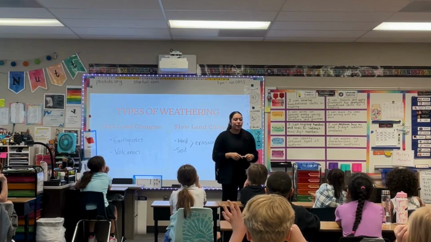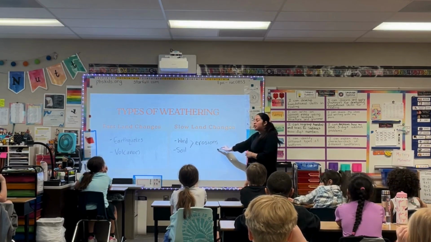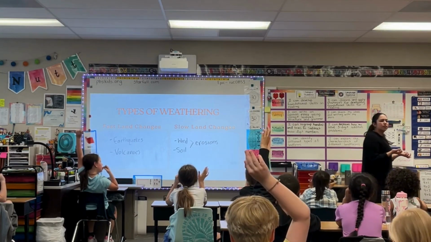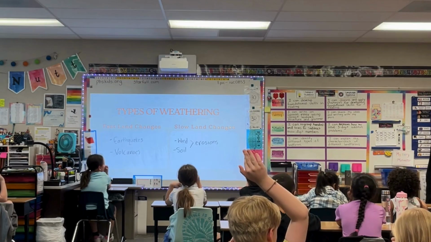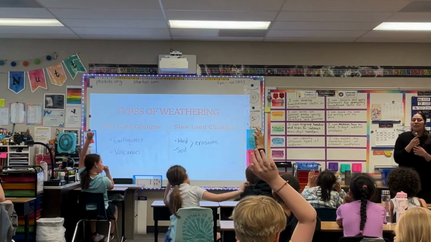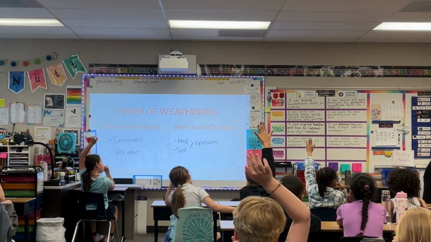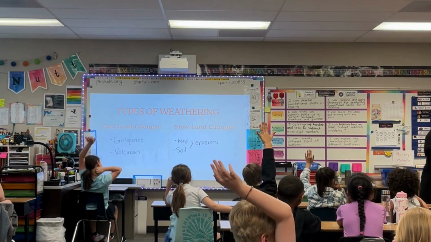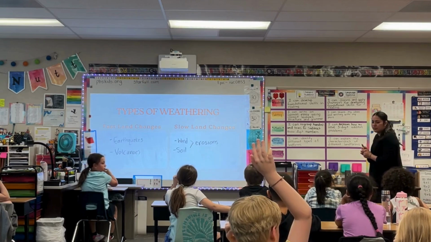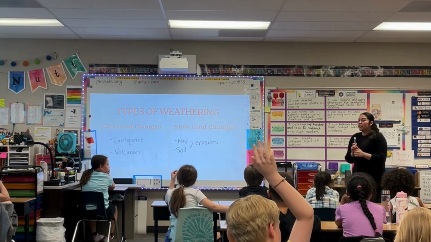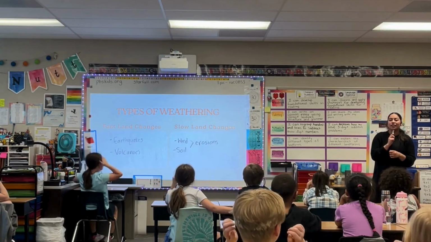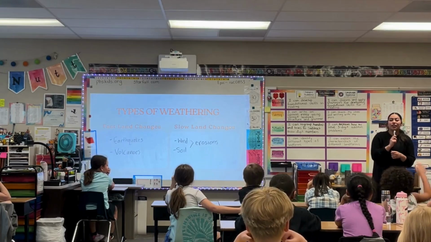Good. So we have slow land changes, and how long does it take? Jasmine? Like weeks. Might take a little bit longer than weeks. That's good though. Mila? Maybe a little longer than just 1 year. Ethan? Years.